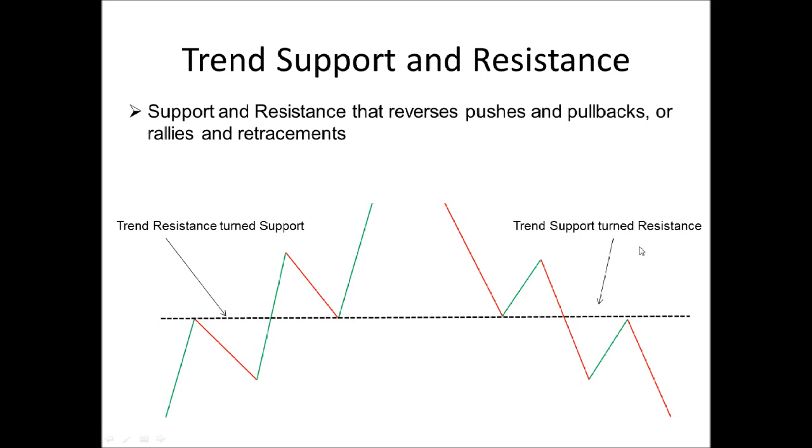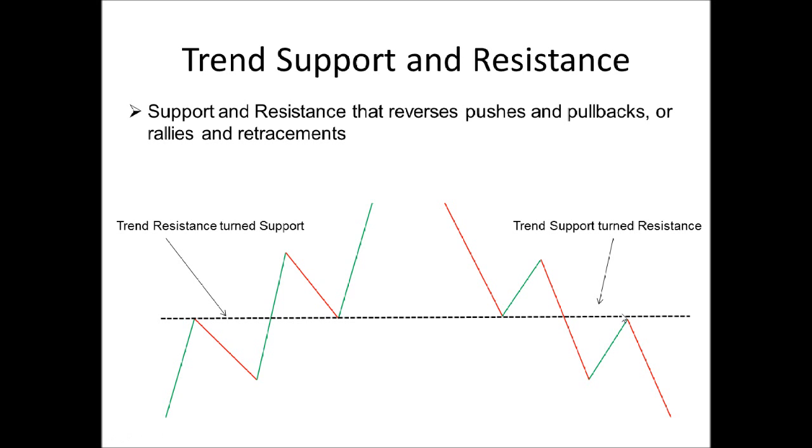We have the same concept with this downtrend demonstration. Price pushes and pulls back. This reversal acts as support. When that support is broken, it can act as resistance for the reversal of a pullback into a push.